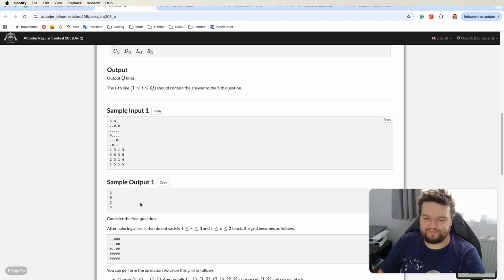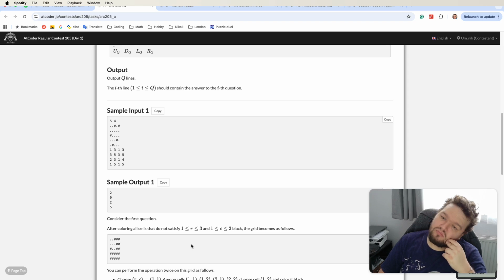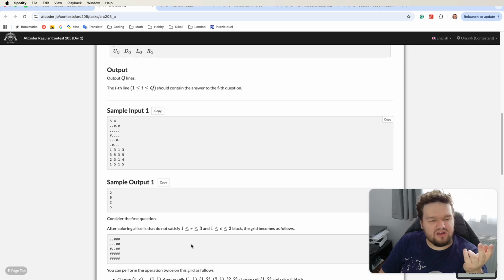And then we can perform the operation twice. Is it just the number of 2x2 white squares? Because obviously after one operation I will break the squares that I have chosen.